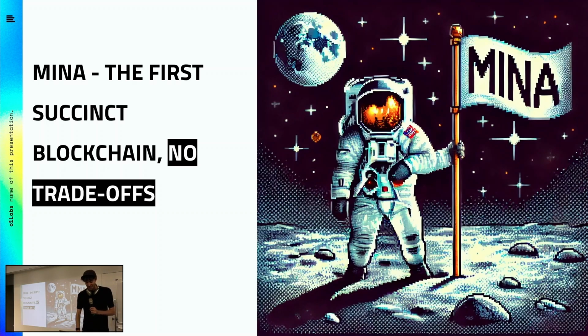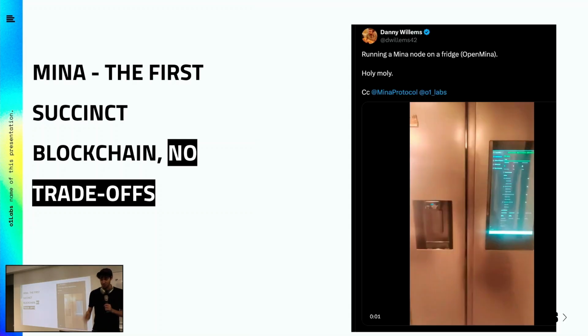We actually, in Thailand, were at a meetup and there was a fridge that had a computer on it. So we put a Mina full node on it. This is the kind of thing that you want out of a decentralized network, out of a Web3 system.